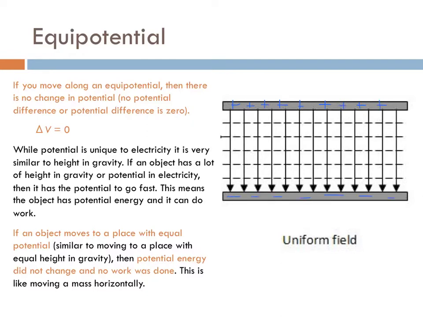These dotted lines represent points of equal potential. So, if an object moves to a place with equal potential, like we saw in our activity, then potential energy does not change and there is no work done. This is something like if you're carrying a mass and you move forward, there is no work done because you have forces that are perpendicular to your distance.